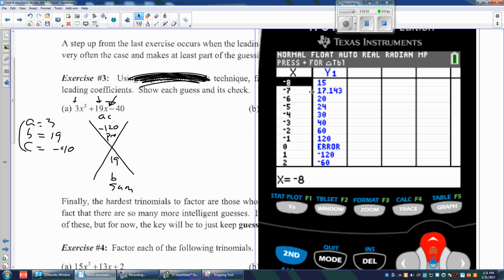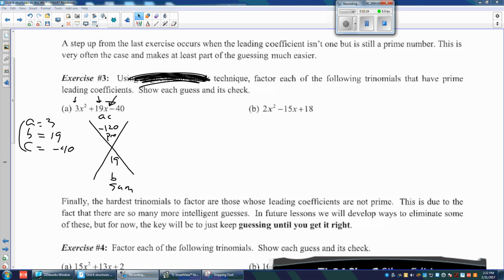So now I have a table of numbers that multiply to be negative 120. Now all I have to do is check to see which ones add up to be positive 19. Negative 5 and 24 add up to be positive 19. So I take negative 5x and 24x.